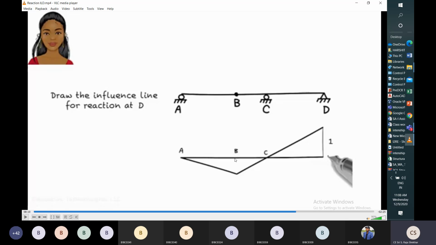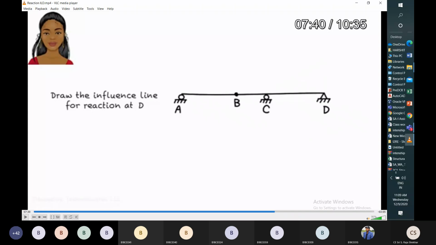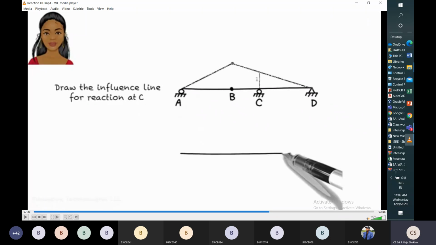From similar triangles, you can calculate the other ordinates. At B we have one ordinate, the maximum ordinate. From similar triangles, we can calculate this ordinate. Here, if we consider this beam, I want to calculate the reaction influence line at support C. So what we have to do?